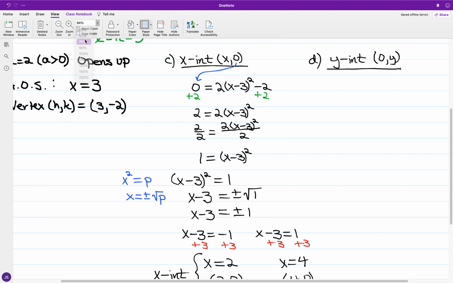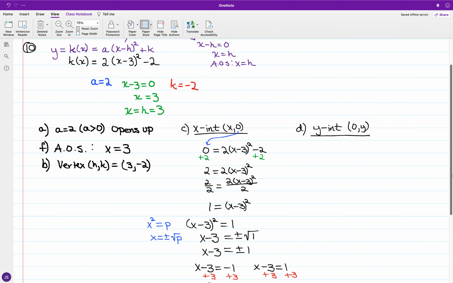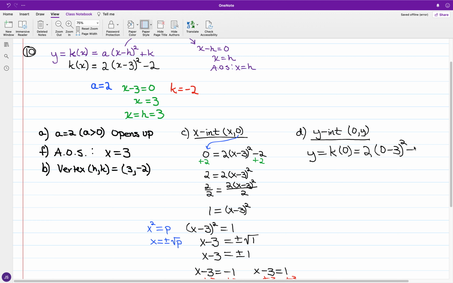In the case of this particular function, k of x represents y. If I set x to 0, y is equal to k of 0, and that's going to be equal to 2 times the quantity 0 minus 3 raised to the second, minus 2.